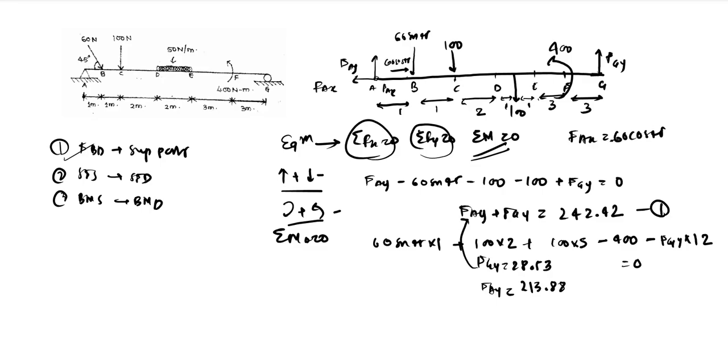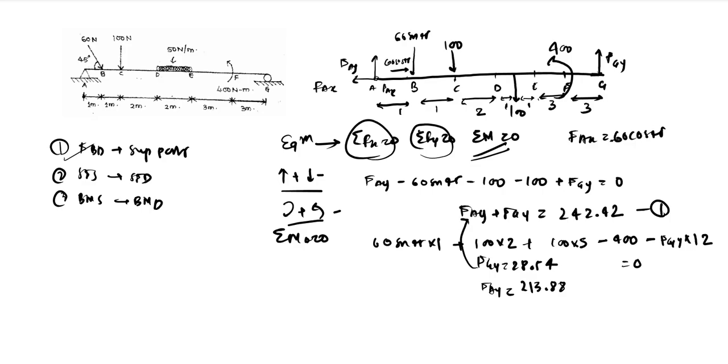Let us just add this. We have 28.53. Either you can make this 28.54, because the total addition should be 242.42, nothing else.